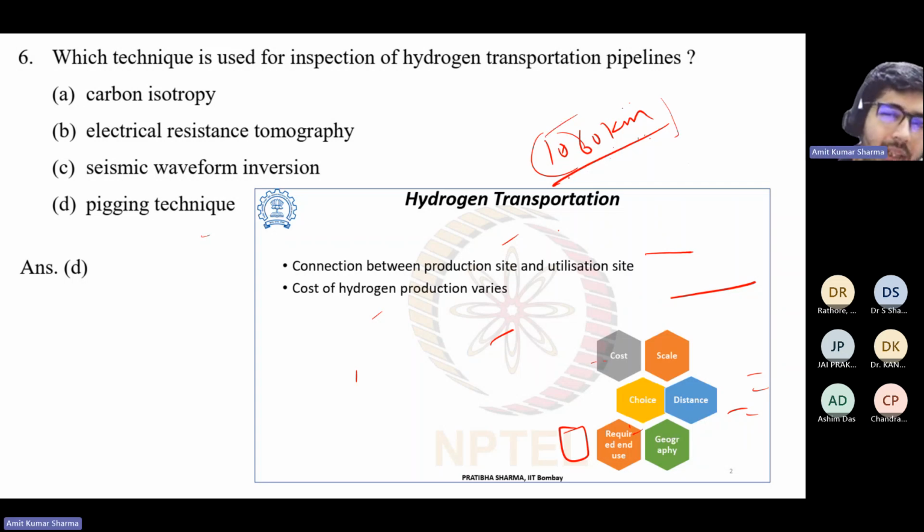You are only measuring at the source and the location, so the density may change in between, but at the end you are getting all the product. In between, we use compressors because we cannot go end to end. We might use intermediate compressors to push the liquid, so there will be many intermediate stations.